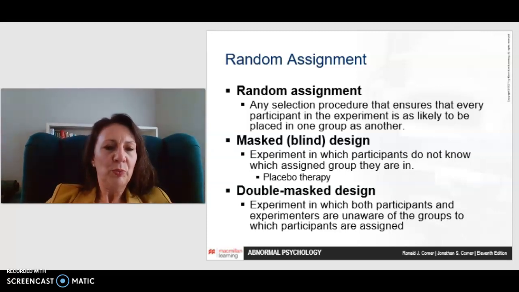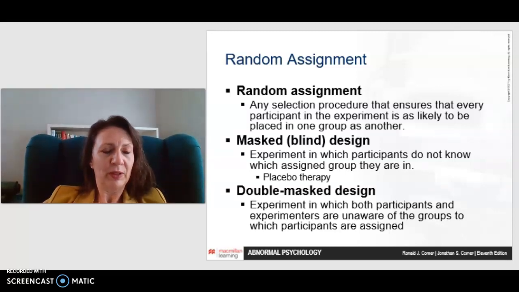So the experimental group will receive the drug that's being studied, and the control group will receive a placebo, maybe like a sugar pill or something. And so they don't know that they're not getting a drug, but they are studied for what effect the placebo has on them, and it does have some effect.